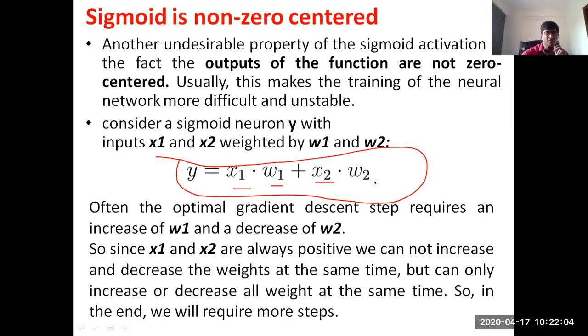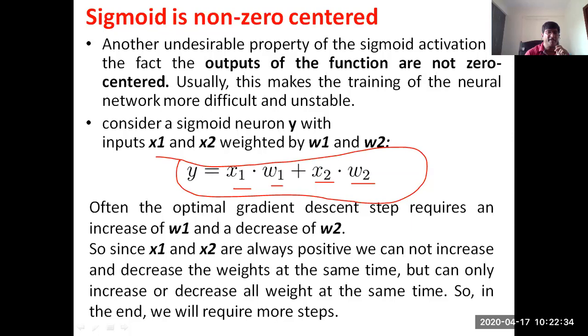Often the optimal gradient descent step requires that we increase the value of W1, while on the other hand we may have to decrease the value of W2. Since both X1 and X2 are always positive, we cannot increase and decrease the weights at the same time. That is one of the major disadvantages of using sigmoid functions.